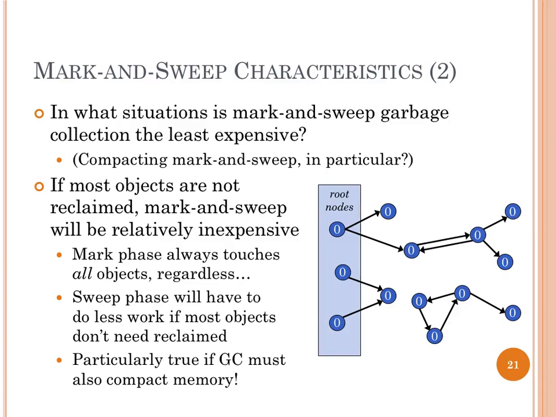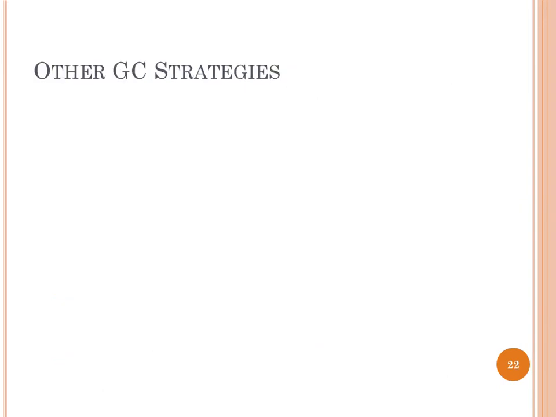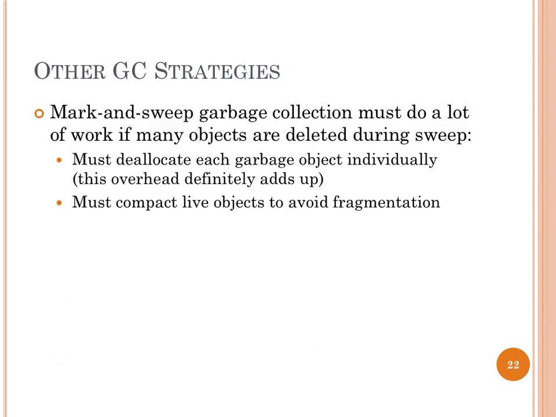I'm going to do that anyway, but as long as I'm not having to reclaim objects, it's not too bad. So this is kind of an interesting observation, that mark and sweep does a lot of work if you have a lot of objects dying on it.